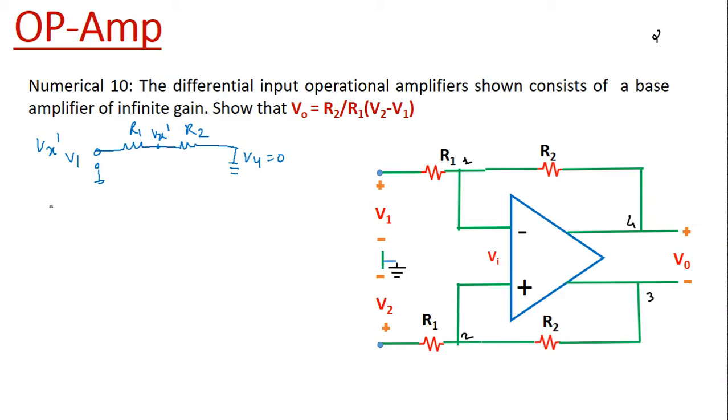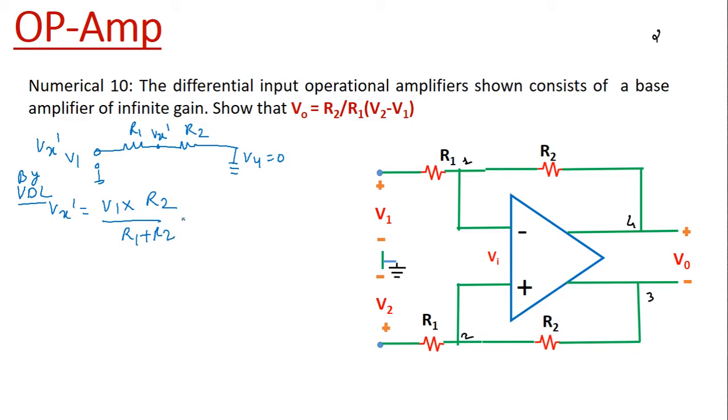Vx dash will be equal to, by the voltage divider rule, total voltage V1 into that resistance in which Vx dash is existing, that is R2, divided by R1 plus R2.